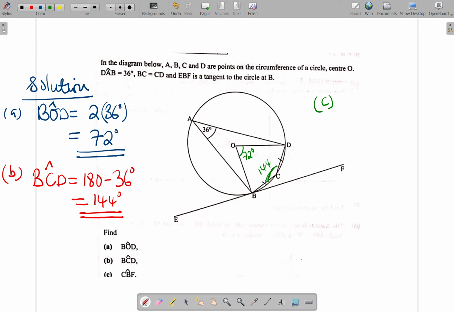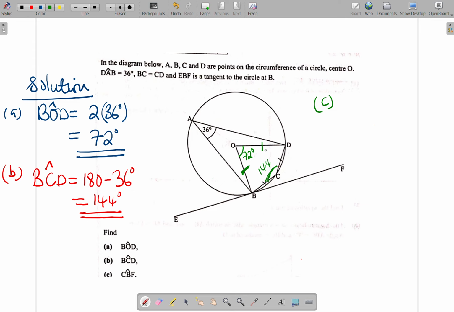Now remember, again, from the center to the circumference there, I have the same distance from the center to the circumference, meaning that these guys are the same. This and this, they are the same. Are you seeing that?